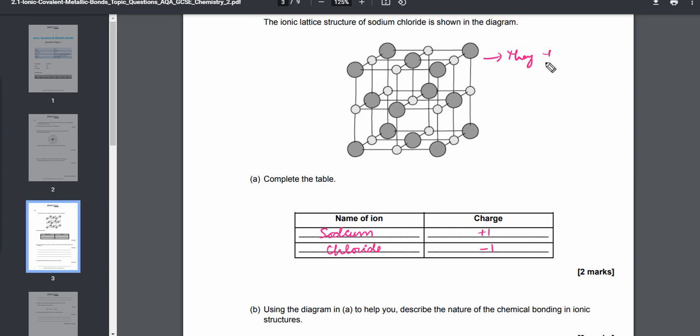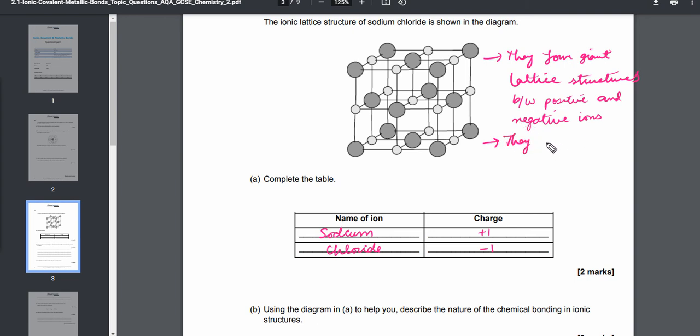They form giant lattice structures between the positive and negative ions.